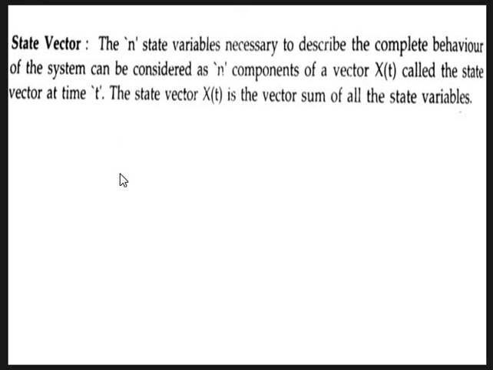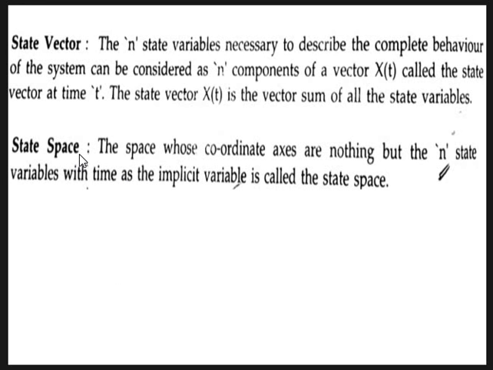Next is state space. To understand the meaning of state space, we can see this diagram. The space between x and y coordinates. x1 of t is one state variable, x2 of t is another state variable. The space between these two state variables is called the state space.